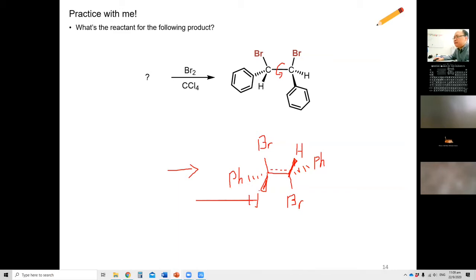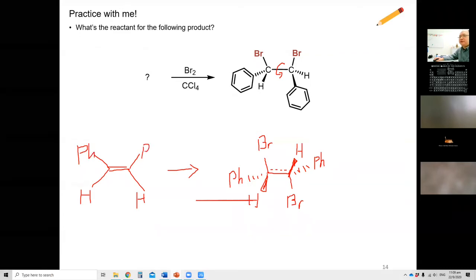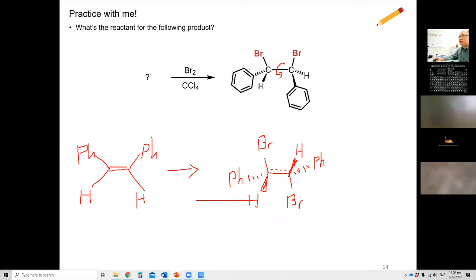The hydrogen and this hydrogen will be in the front, okay? So what your starting material should look like: the phenyl, you have 4 bonds, all right? And the 2 H will be in the front, and the 2 phenyl will be in the back. Okay, the Ph means phenyl, which is this big structure here, all right?